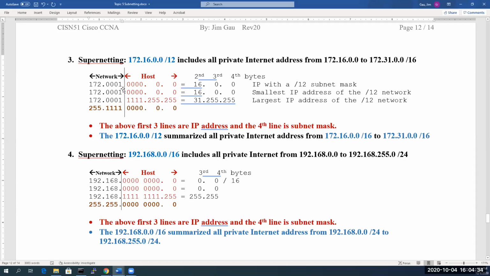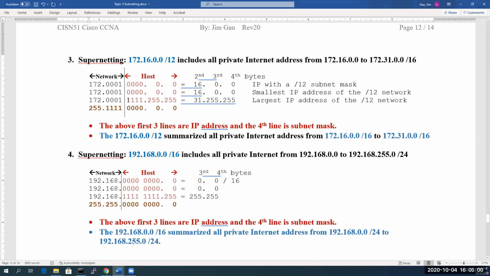So take a look at this. 172.16, and you have to be comfortable that this is 16, okay? 0, 0. So we only focus on the second, third, and fourth bytes. Now, the smallest one, of course, is all zeros, which is the same as 172.16.0.0.